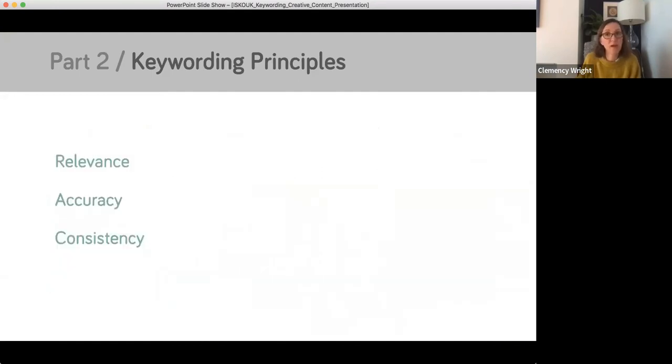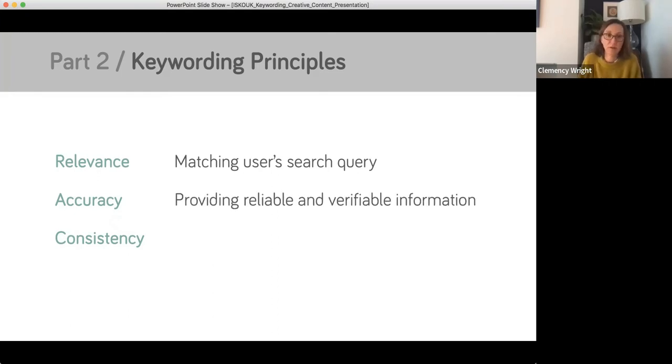And there are 3 guiding principles that I apply during the keywording process, and those principles are relevance, accuracy, and consistency. By relevance, I mean matching the user's search query with the content, so making sure that the content that comes up when the query is entered into the database is actually relevant.